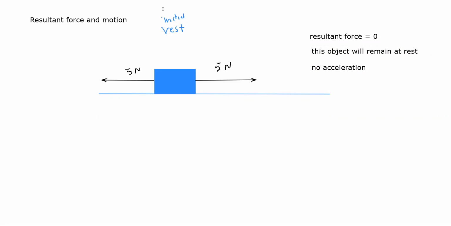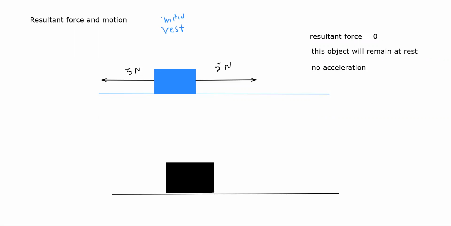Same thing, if there was a moving object, this object was moving towards right, and you're pulling this object by a force of 10 Newton, and the frictional force is opposing its motion with the same force of 10 Newton.